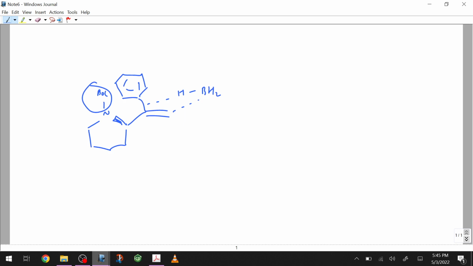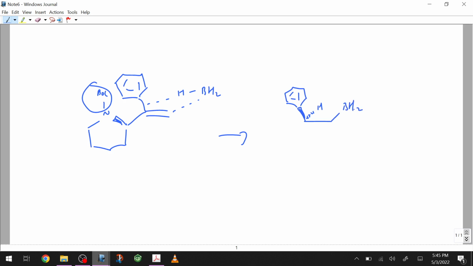If that happens, what it's going to do when that pi bond breaks is drive the aromatic ring forward as that comes in. So as we're showing this going backwards now, the hydrogen going backwards, what's happening is the aromatic ring is going forwards. It's pushing the aromatic ring into the stereochemistry that we actually see eventually.